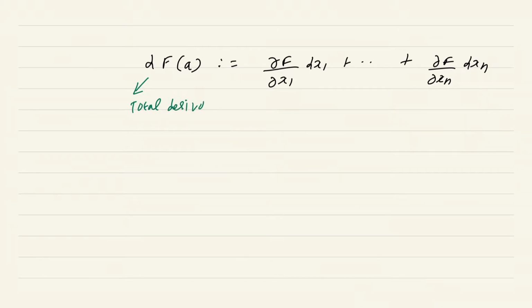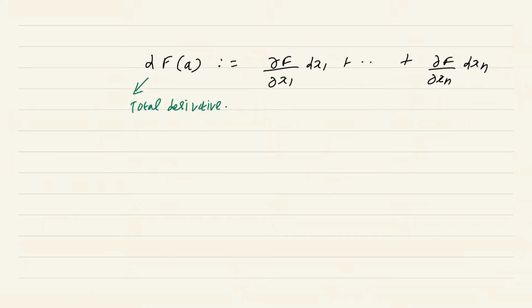So this intuitively captures the fact that the net change in the function f at the point a is nothing but the change in the direction x1 multiplied by an infinitesimal change in x1, plus dot dot dot, change in xn multiplied by an infinitesimal change in the direction xn. So this sort of physical intuition motivates this definition, but it mathematically makes no sense.